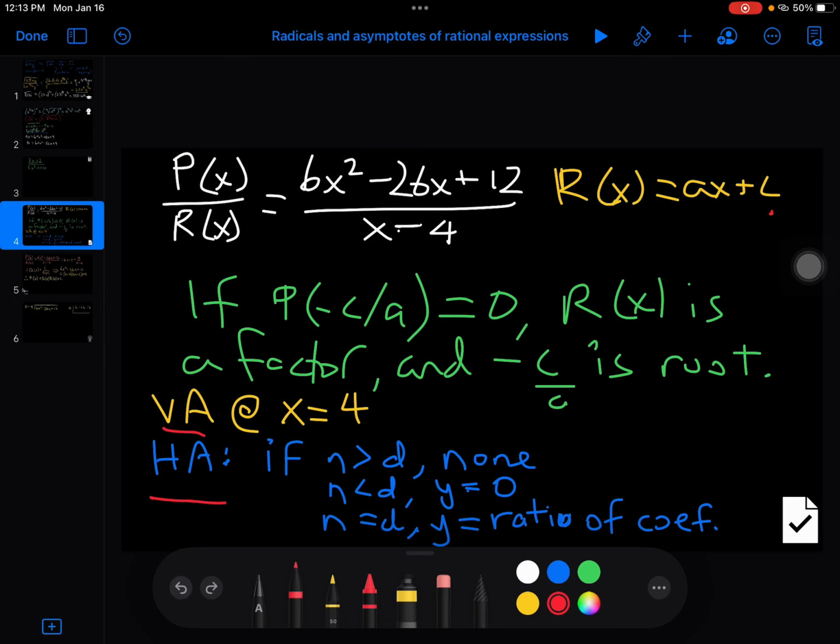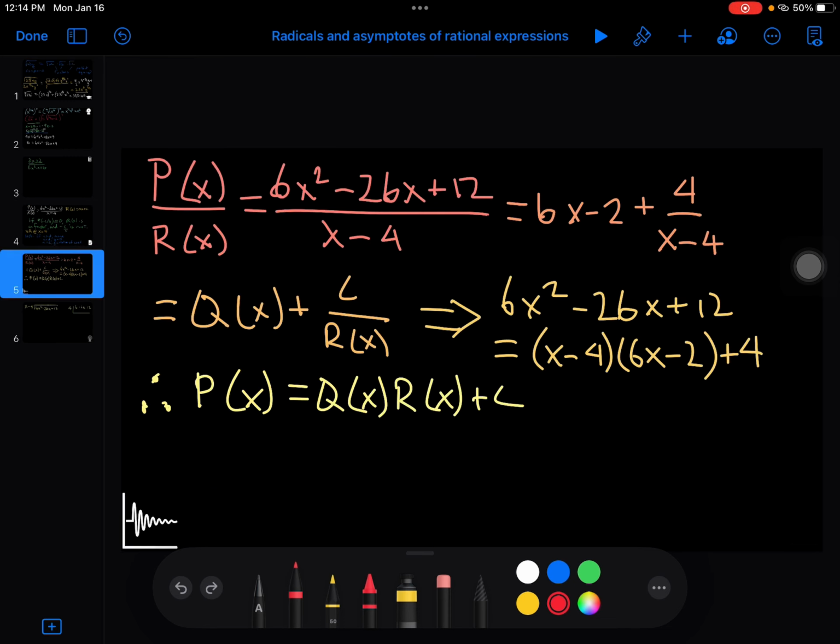Negative c over a, again, in this case, would be 4 over 1, or 4. So if we substitute 4 for every time we see x in that equation, and it returns 0 as an output, then that denominator there is in fact a factor. Let's look on. We can decompose this.